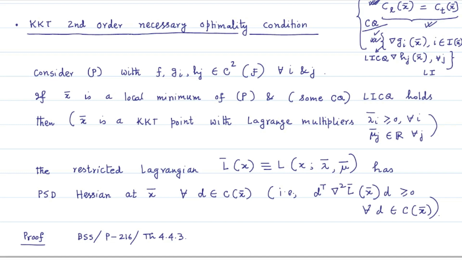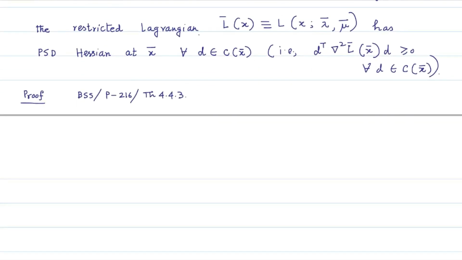For a second order sufficient KKT optimality condition, we will see that if the Hessian of the restricted Lagrangian is positive definite inside this C x bar at the point x bar, then the point x bar is a strict local minimum point of the constrained optimization problem.